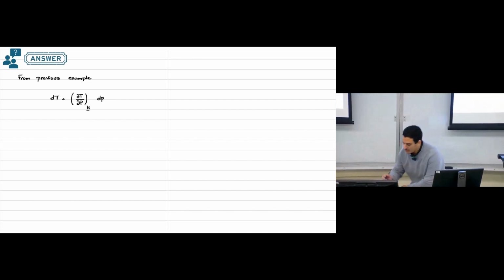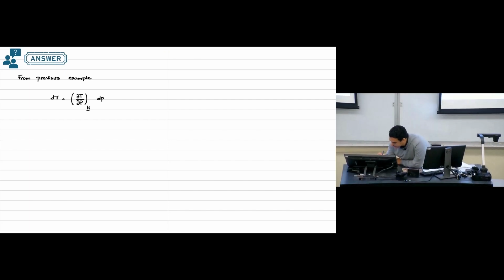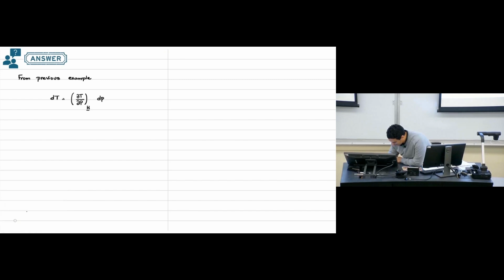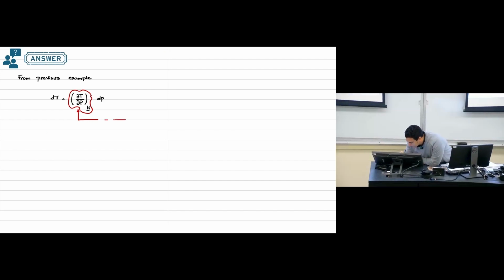And dT by dP at constant enthalpy equals minus dH by dP at constant temperature divided by Cp.